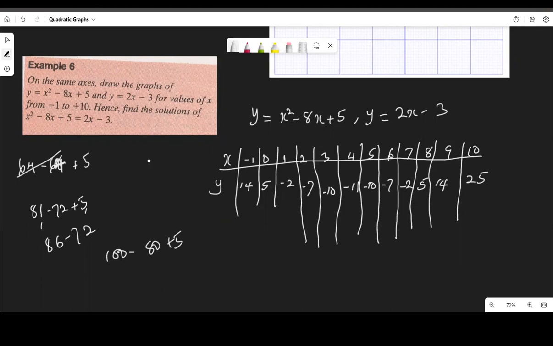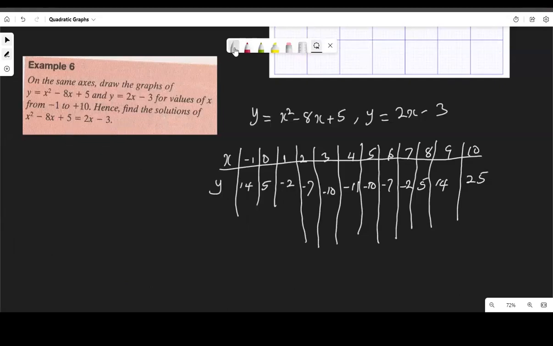Now, for the second equation, which is y equal to 2x minus 3, we need only 2 points to plot that. How can we get those 2 points? We use intercepts. If y is equal to 2x minus 3, to find the y-intercept, we put x to be 0.